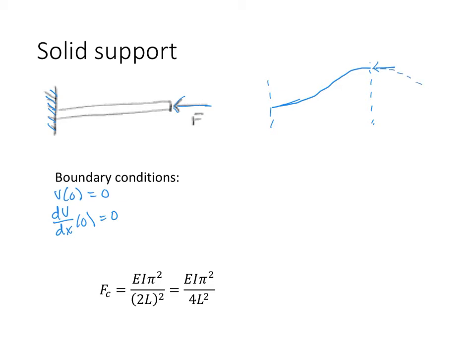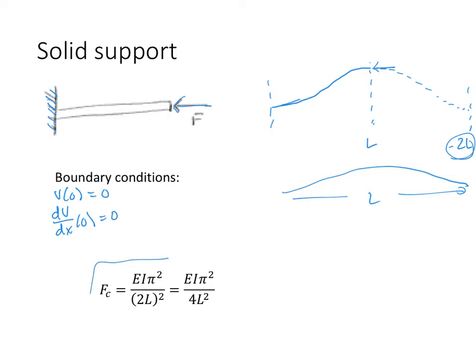Now if we continued the shape, we would get back again to no deflection and no slope at twice the length, like a mirror image of this. So what occurred before over a distance of L is now occurring over 2L.